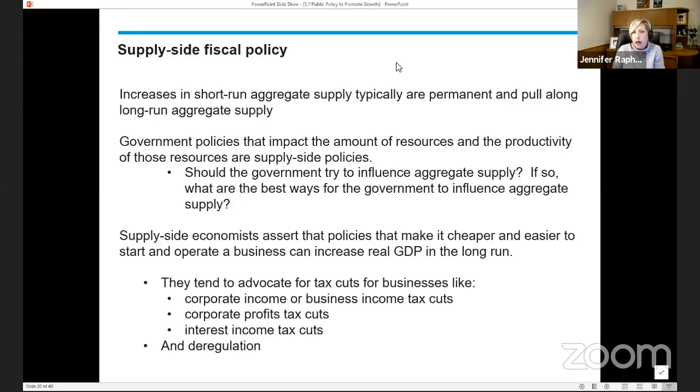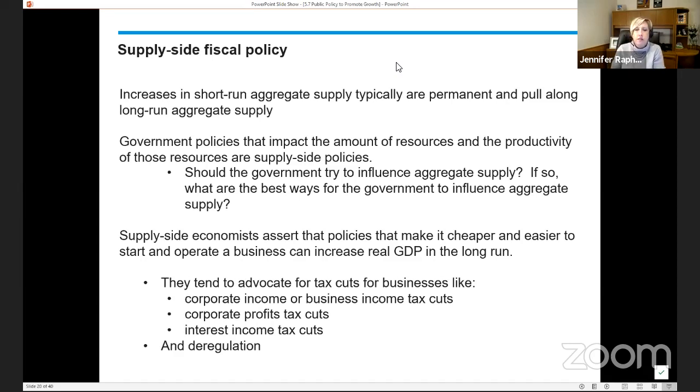So there's not a lot of disagreement that increases in productivity are going to increase the productive capacity of an economy, but there's a lot of disagreement and a lot of controversy over whether the government should try to influence aggregate supply, and even where there's agreement that it should, there's disagreement over what are the best ways for the government to do that.